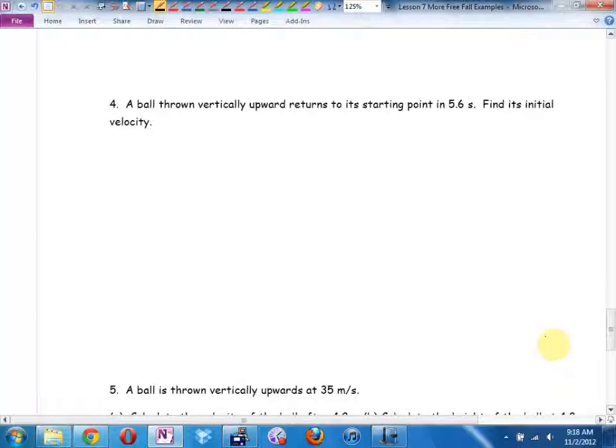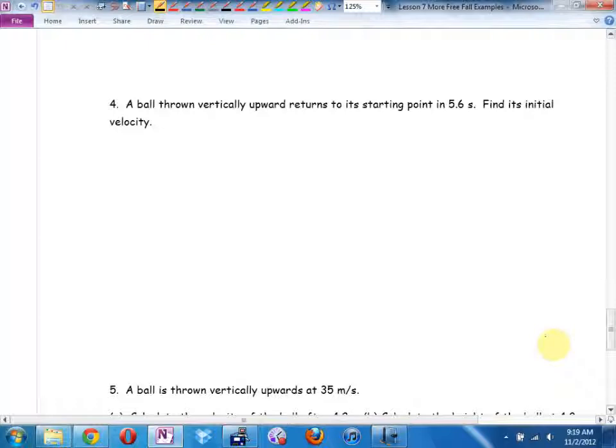A ball thrown vertically upwards returns to its starting point in 5.6 seconds. Find its initial velocity. So if we throw something up and we start a stopwatch, and I catch it again. Apparently it took exactly 5.6 seconds, and we're assuming start and stop at the same height to keep the math nice.